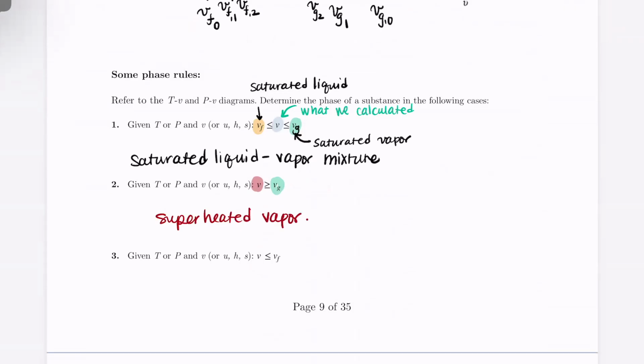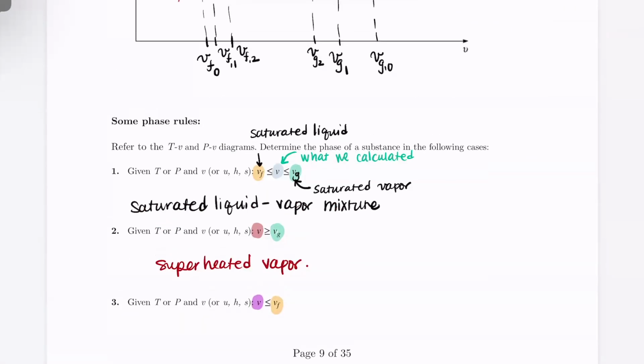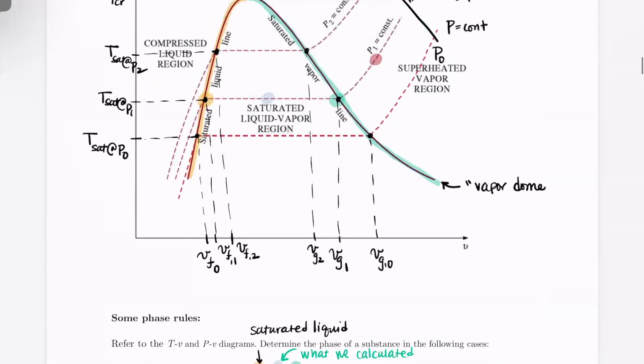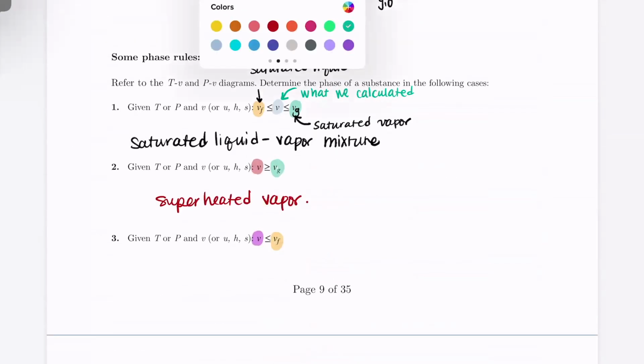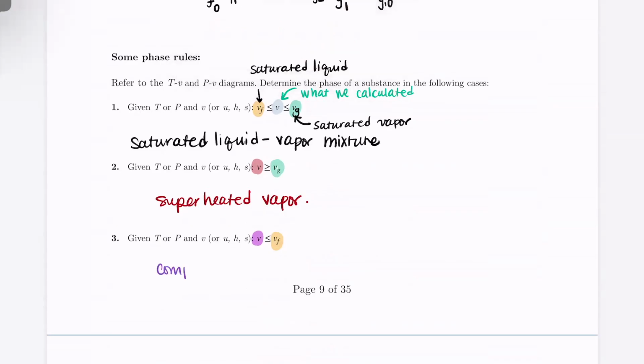And then what if our specific volume is less than or equal to VF? Compressed liquid. Fantastic. So that would be if we are over here, for example. Okay, so this is compressed liquid.